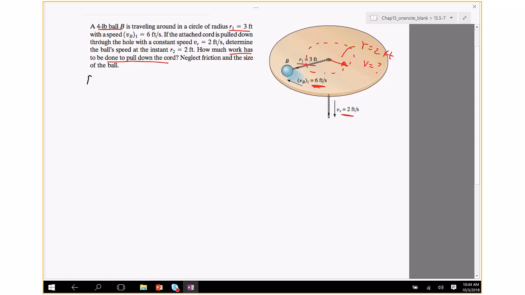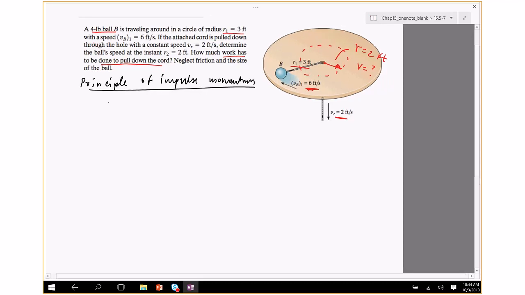Okay, so it's pulled down, because of which the speed is going to change. So principle of impulse momentum, H01 plus M0 dt equals H02, where 1 and 2 are the instances before and after, so 3 feet and 2 feet.